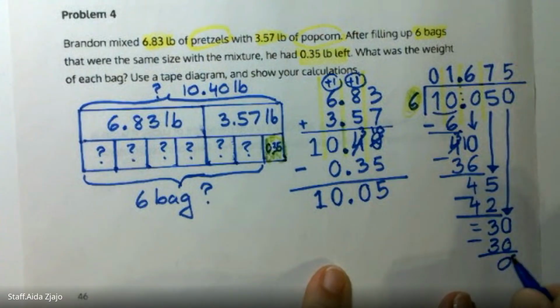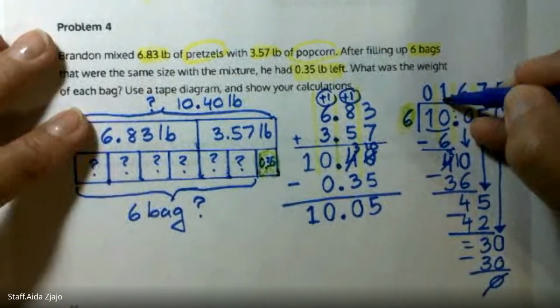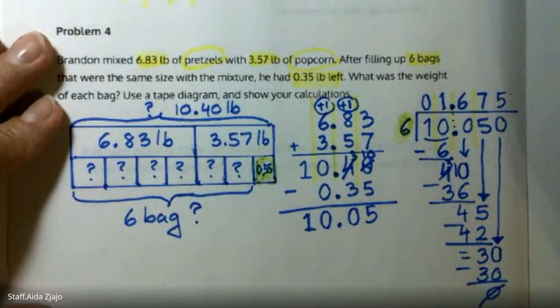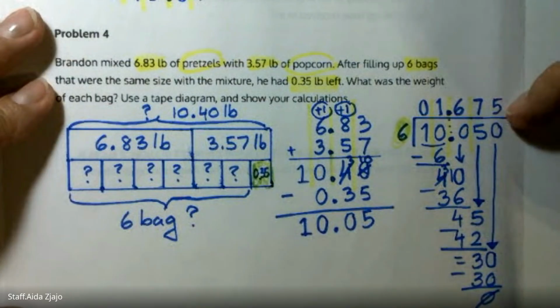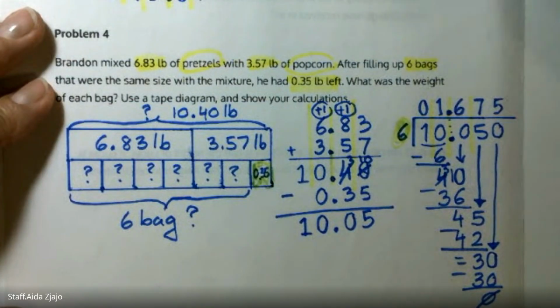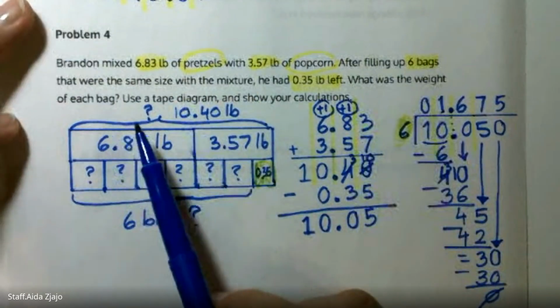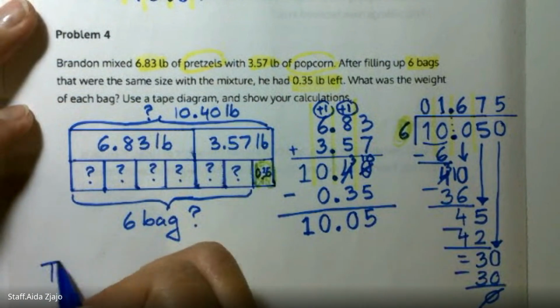So now I have no leftover, and this is my answer: 1 whole pound and 675 thousandths of the next pound. So here you go. What was the weight of each bag?